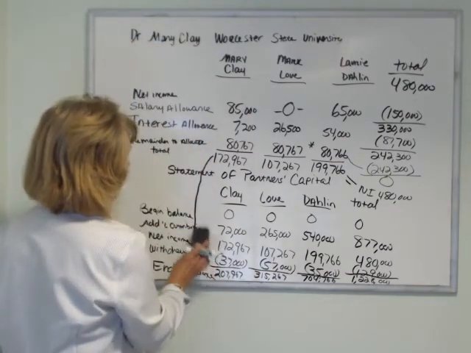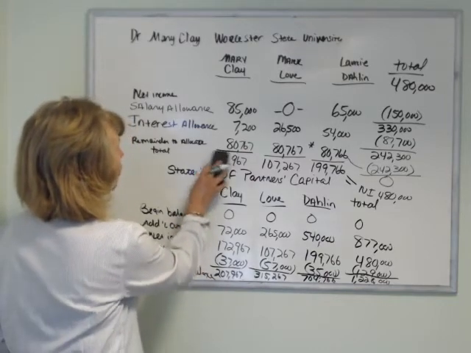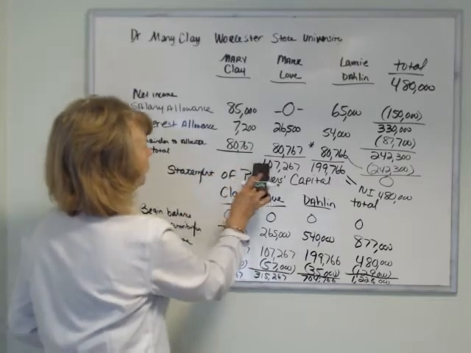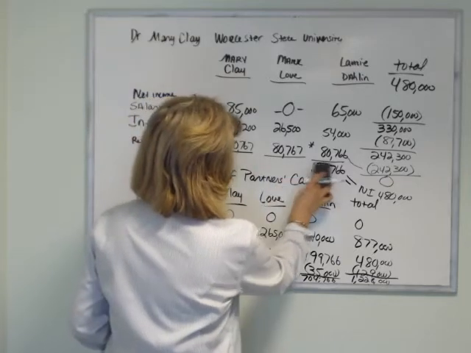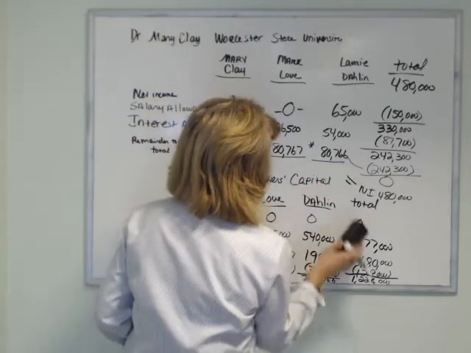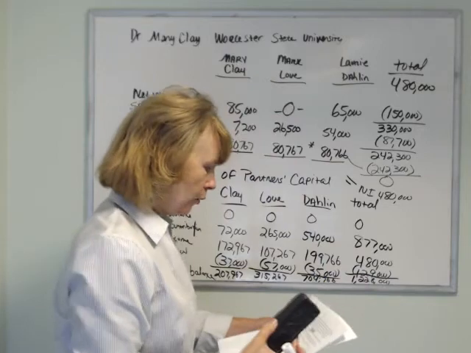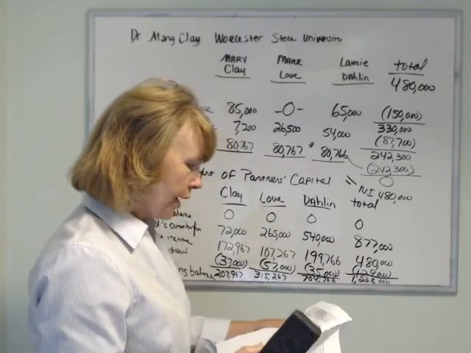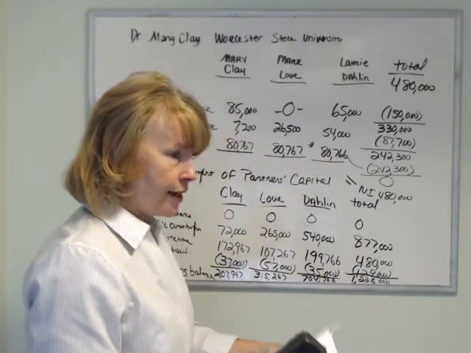And we're not going to do a statement of equity. I just wanted to show you this if you had a negative number. I'm going to try to do this without erasing everything.